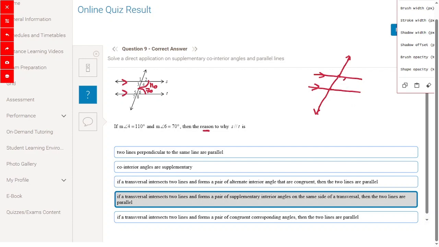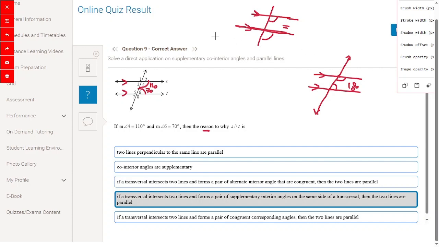One of them is that the interior angles on the same side will add up to 180. Okay, another one, we have two parallel lines, and this is a transversal.